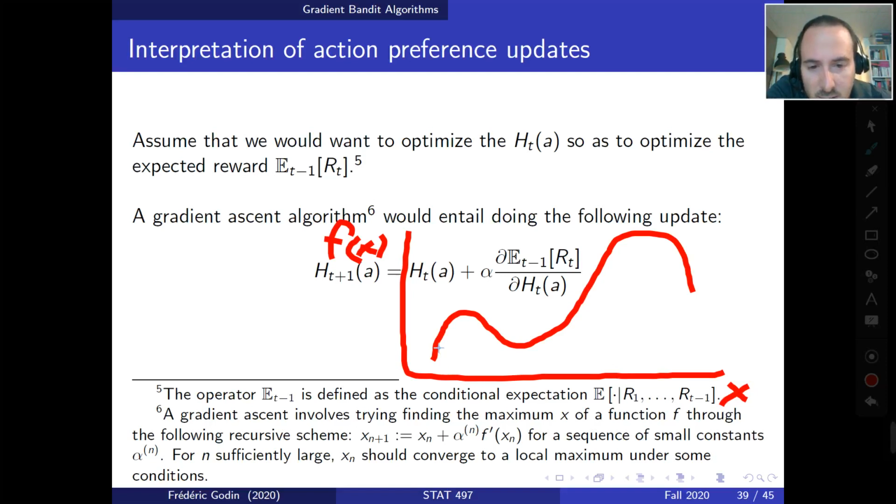Let's say you start at this point here. This is x0. Then to find your x1, your next point is x0 plus a small adjustment times the derivative of the function. Here the slope is positive, so you'll make a positive adjustment to obtain x1. So x1 might be somewhere here.